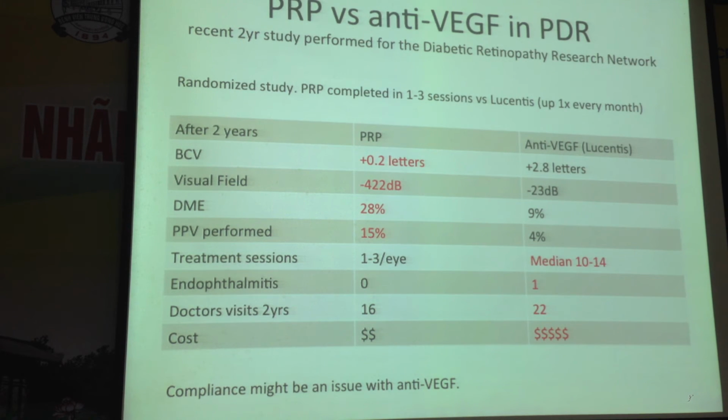A lot of doctors agree with me when I say that nowadays we hardly ever choose a monotherapy. We choose a combination of the two. And that, I think, will bring us the advantages of the anti-VEGF group and some of the advantages of the PRP group.